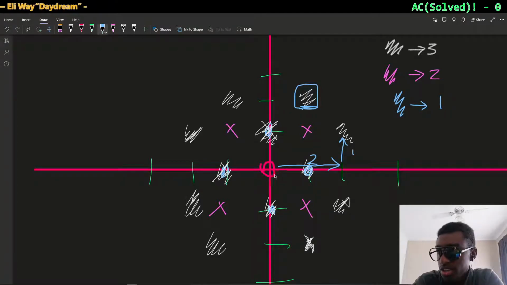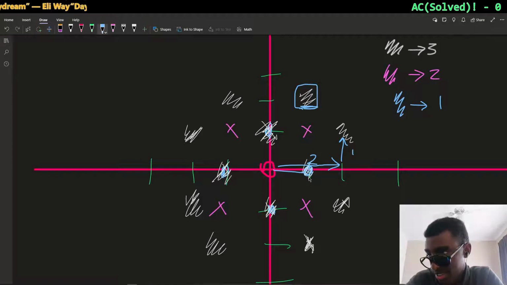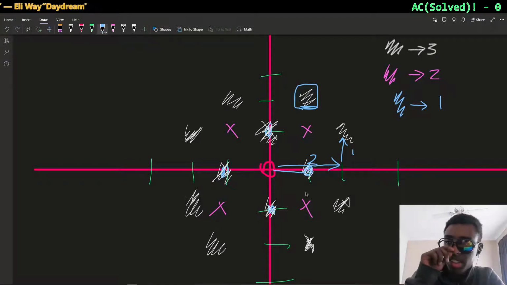So say I moved 1 to the right. This is a valid 3-step move because I could have moved down and then right and then up again. So that downward move gets cancelled out by that upward move. And yeah, we have to take that into account.